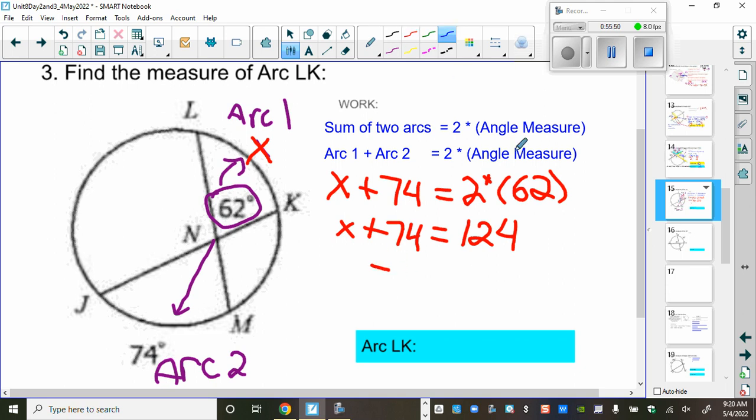All right, so how do we solve for x? What's our last step? Minus 74.